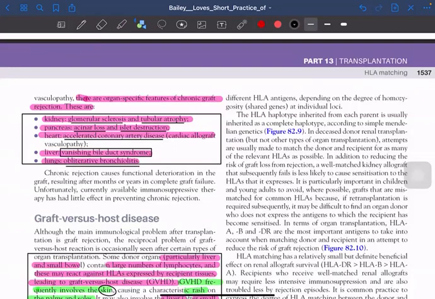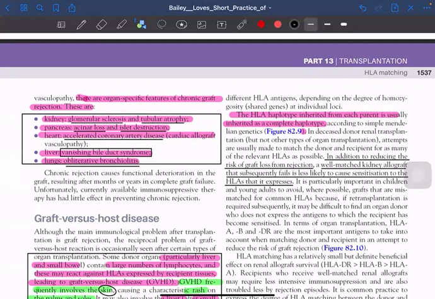Second important point here is that the HLA subtype is inherited from both parents, usually as a complete haplotype. In addition to reducing the risk of graft loss from rejection, a well-matched kidney allograft that subsequently fails is less likely to cause sensitization. Even though we match all the HLAs and ABOs, there are still chances that the graft will fail.